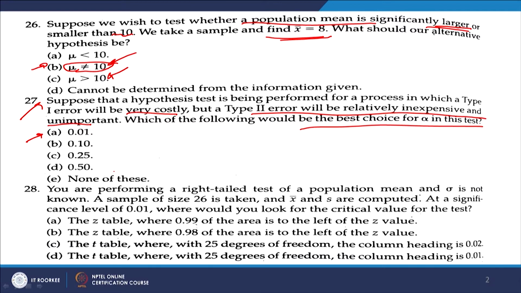So, what is type 1 error? The probability of rejecting a null hypothesis when it is true, and we know that if we commit a type 1 error, it is very costly. But if a type 2 error is relatively inexpensive and unimportant, what would be the choice of alpha in this case? Can you tell me what would be the right answer out of A, B, C, D, E?